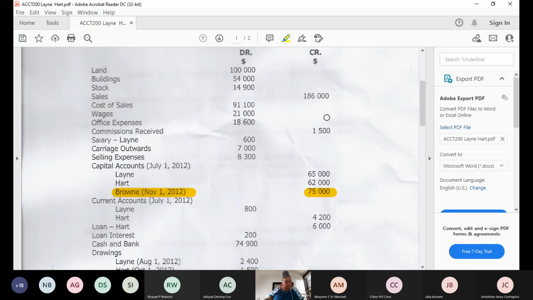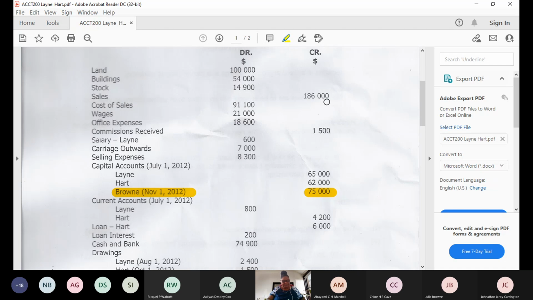So you have to take the 46,500 and divide it by the 186,000, and then multiply that by whatever gross profit you calculate to determine how much the gross profit is for the point of time when Hart was there, and the gross profit for when Brown came there. That's what you have to do. You will see it when we do the question. Is that clear?